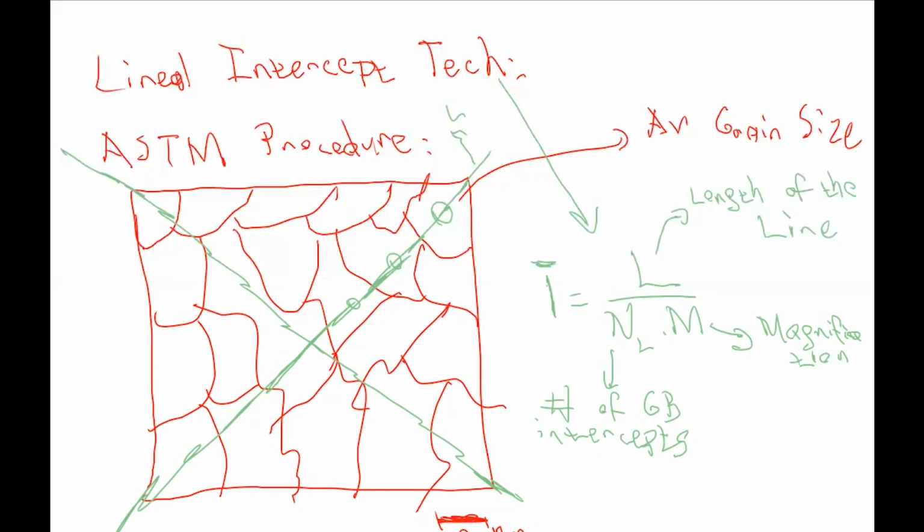Suppose here the length of the line is, for example, 100 times 10 to the 3 micrometer. This is 100 micrometer, and we have 100 times 10 to the 3 micrometer. I'm just giving arbitrary numbers.